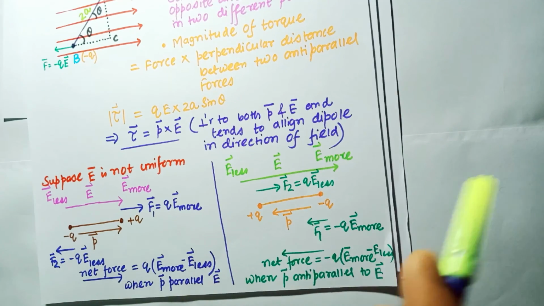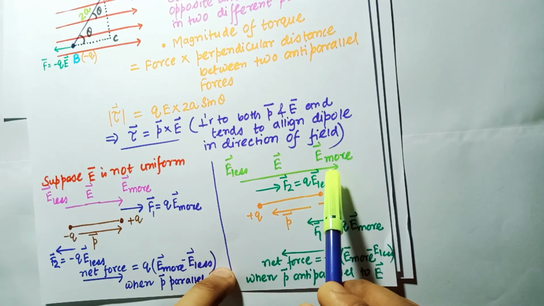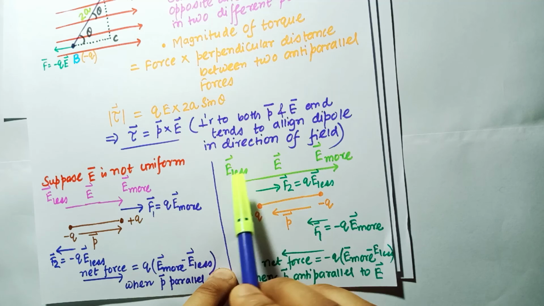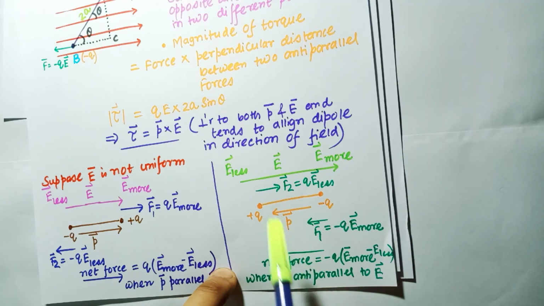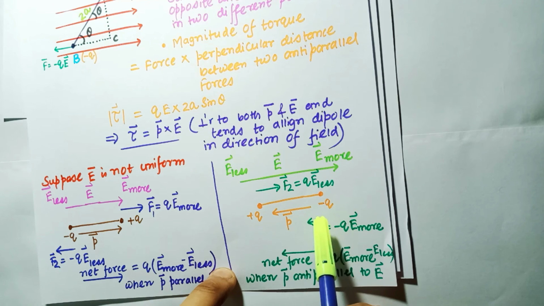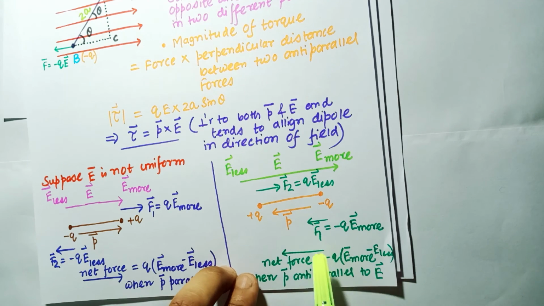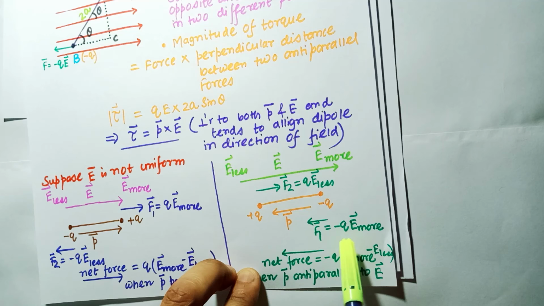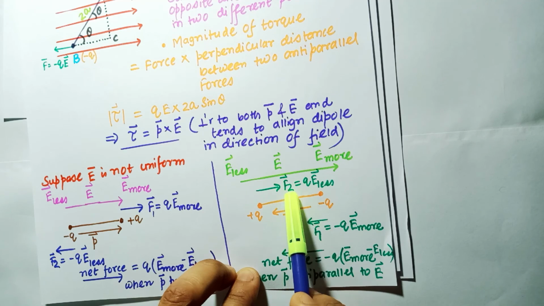In this diagram I put the same direction of the electric field as before. From left to right the electric field increases, E less, E more. I placed the electric dipole such that the P vector, the dipole moment vector, is anti-parallel to the increasing direction of the electric field. This is the direction of F1 vector, equal to minus q E more. F1 is the force acting on the minus q charge, F2 is the force acting on the plus q charge.